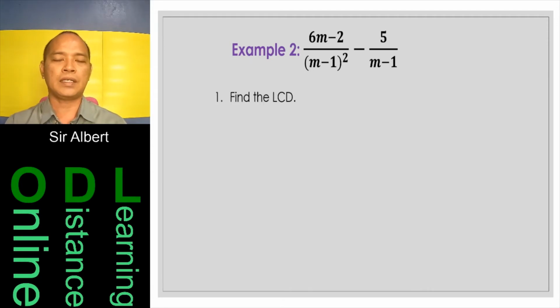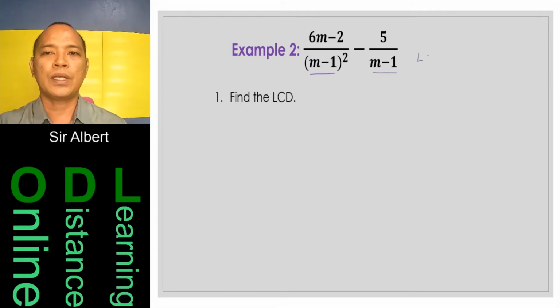To find the LCD, we take a look at the denominators and identify the factor or factors common to both of them. We see that m-1 is a factor that's common to both denominators. So we say that the LCD would contain the factor m-1.